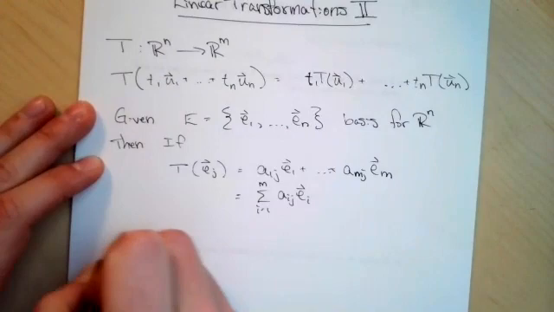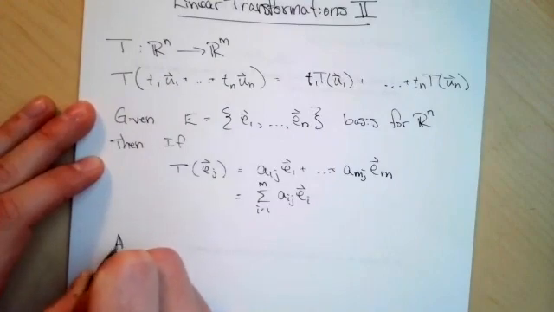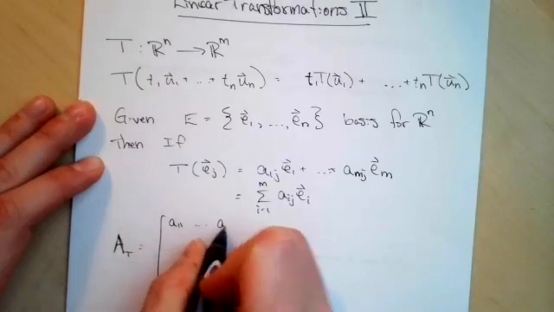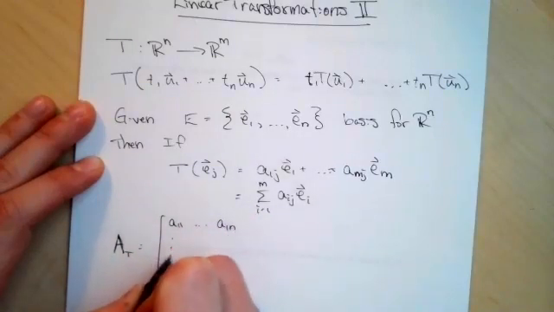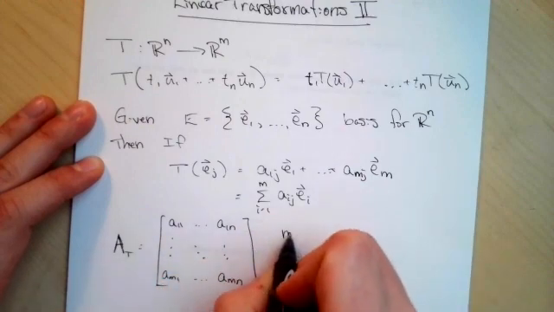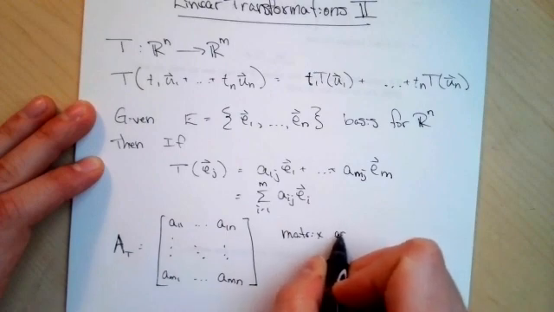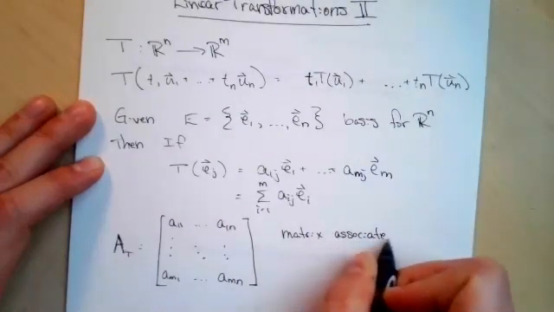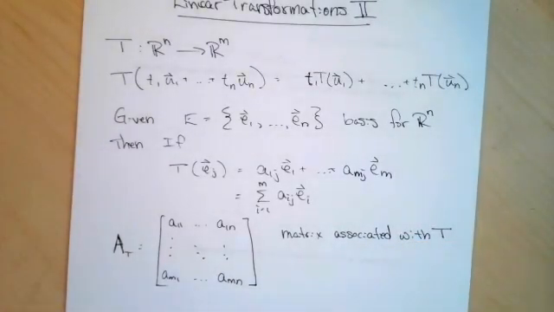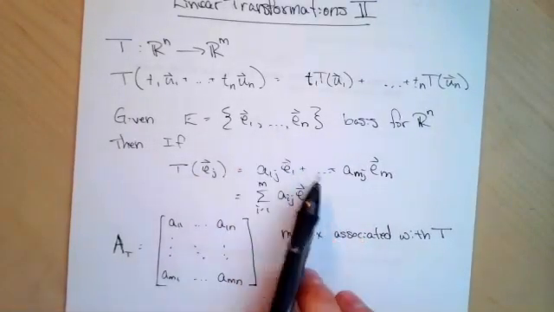And from this, we can create the matrix A. This matrix that we make out of these scalars is going to be our matrix associated with T, and really it defines all of the operations on T relative to this choice of bases.